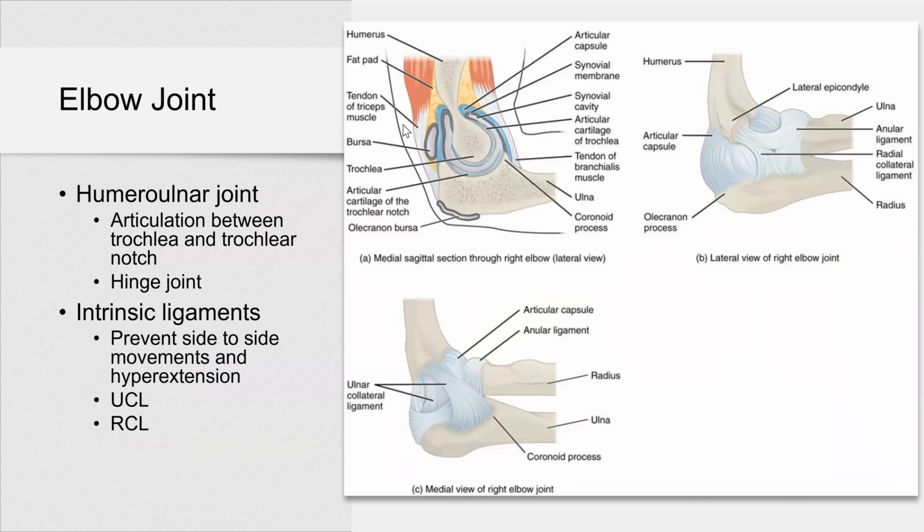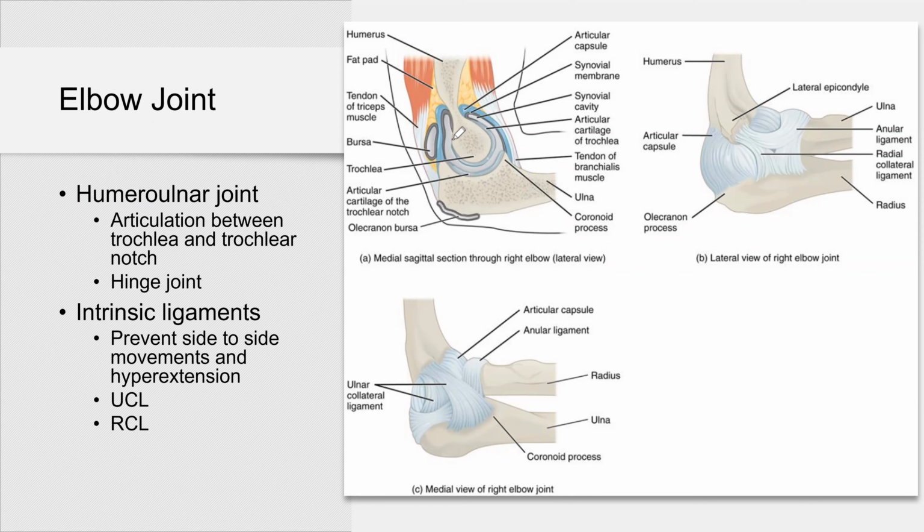Elbow joint. In the elbow joint, we actually have several bones that are connected to each other. But the connection between humerus and ulna is what really is the elbow joint. So it's a humeroulnar joint.